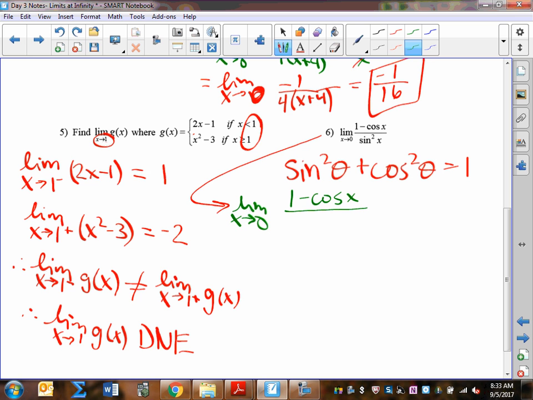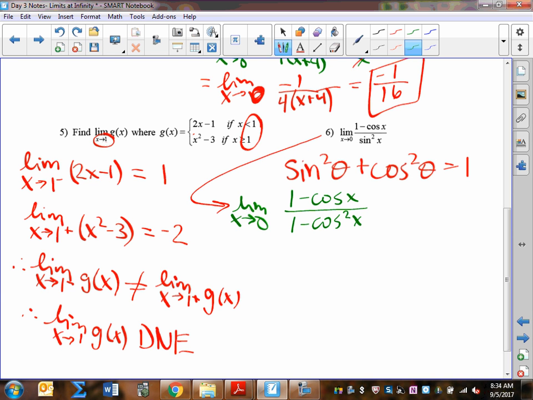Now in our denominator, sine squared ends up being 1 minus cosine squared. What can I do from here? Yeah, we can factor the denominator here. We cannot just reduce cosine x into cosine squared x.